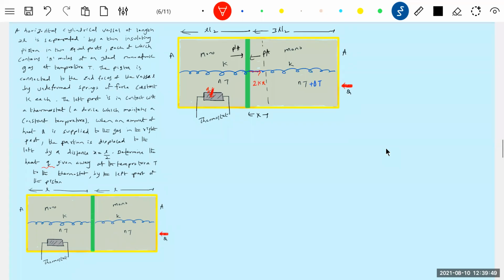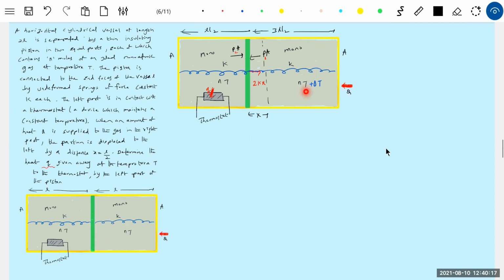P1 and P2 I will take as symbols, it will be easy. At equilibrium, what is the equation we can write? What is the thermodynamic process going on?